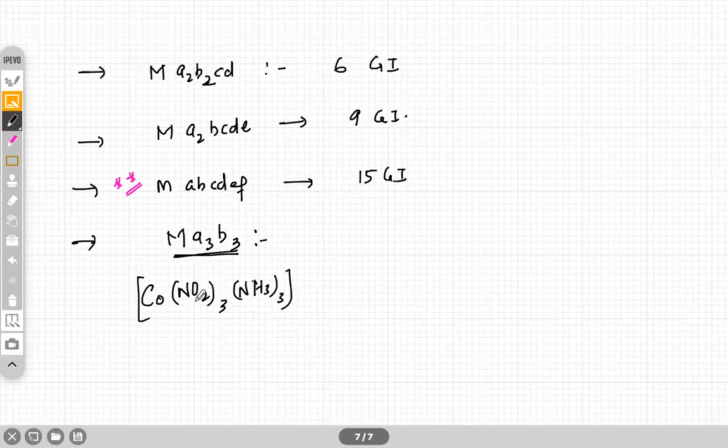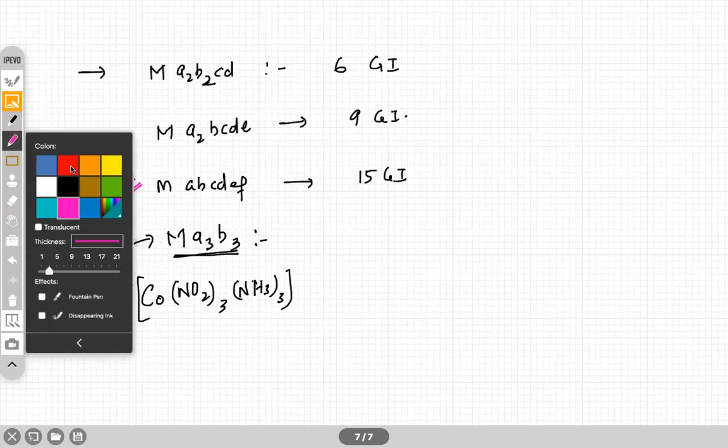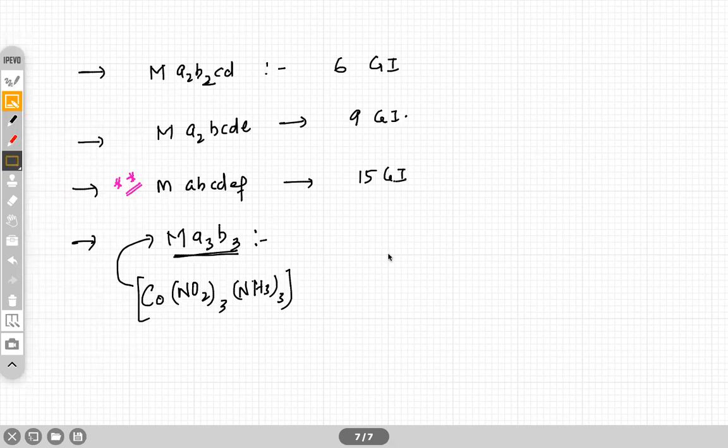So whenever you get this kind of question, you represent it this way. Then it will be easier for you to analyze. So we can represent two structures for this, and in this case we do not write cis or trans term here.